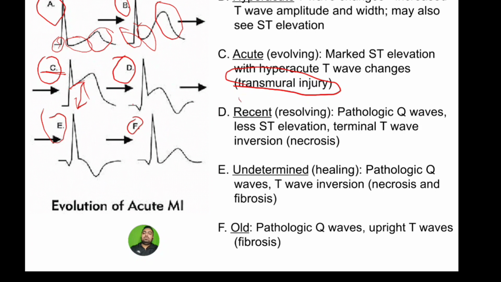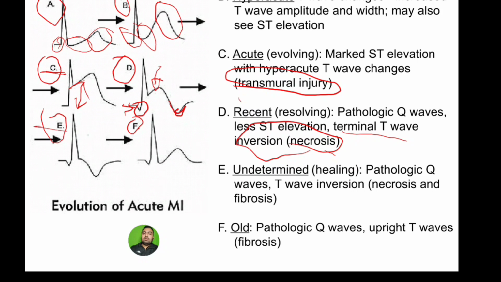It is going to show the presence of Q wave, then it shows T wave inversion, and the ST segment has started to decrease in height. So there is pathological Q wave, less ST segment elevation, and inversion of T wave, which is showing necrosis of the myocardium.